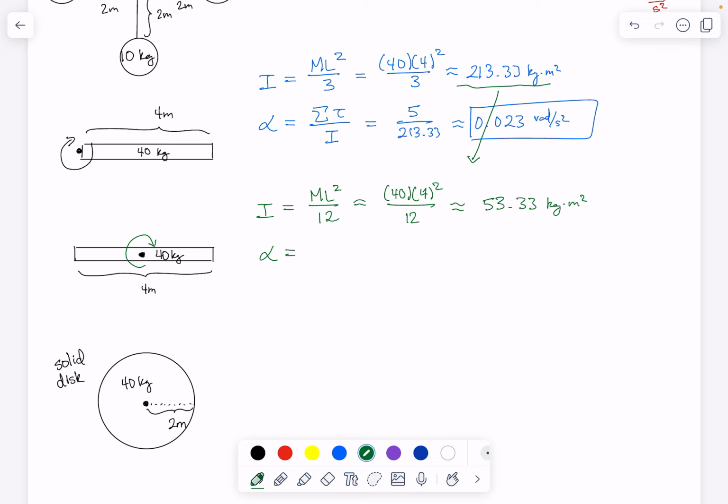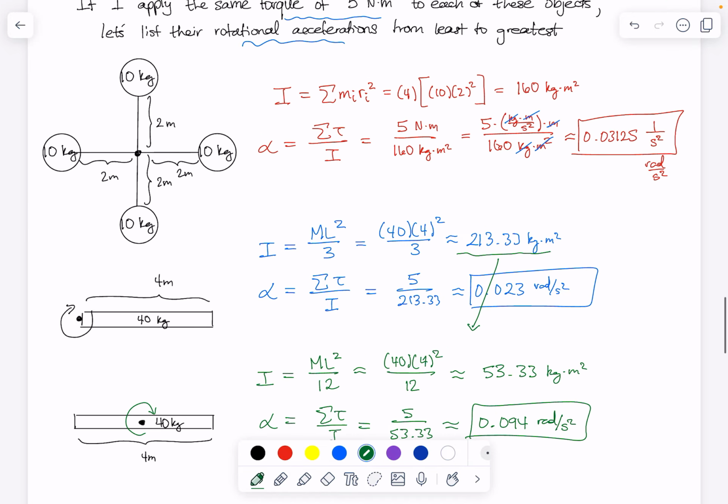All right, let's look at the alpha. That's going to be the sum of the torques over I. That's going to be 5 over 53.33 repeating. 5 divided by that answer is 0.094 radians per second squared.